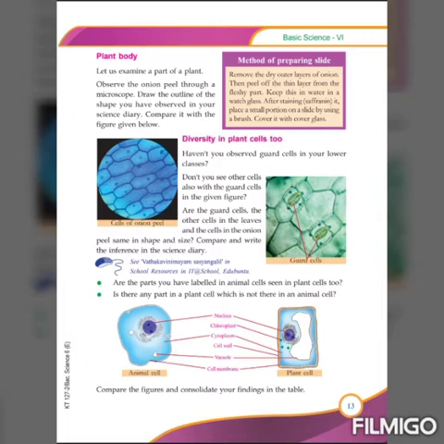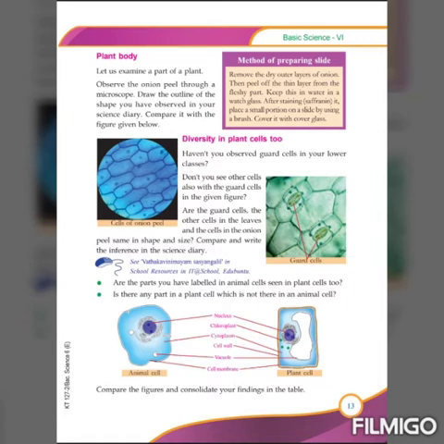Yes, along with guard cells, you can see some other cells also. Are the guard cells, the other cells in the leaves and the cells in the onion peel same in shape and size? Now we have to find out whether these cells are same in shape and size.